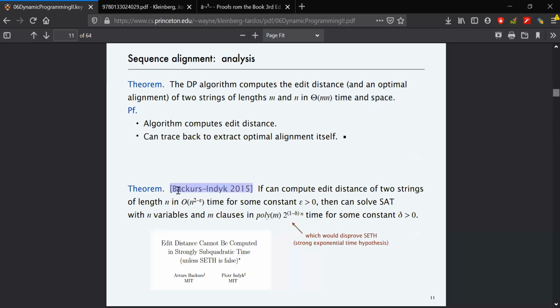Yes, sir. So it says that for this problem, let's say M equal to N, fine. So the running time is going to be N square, right? When M equals N, the running time is order N square.